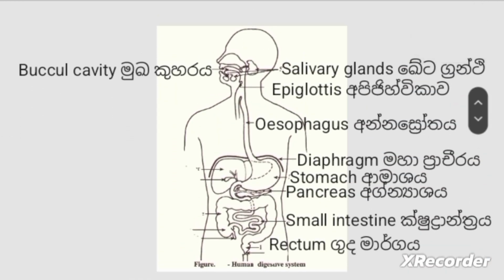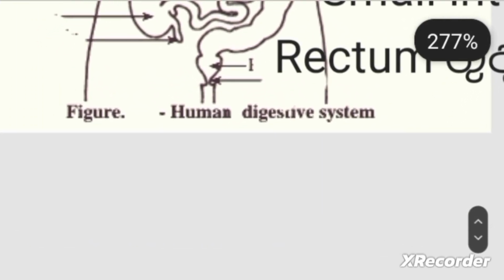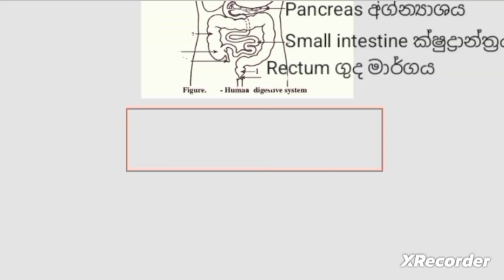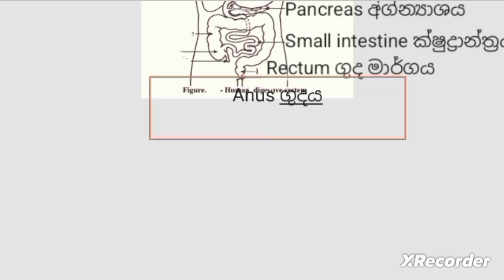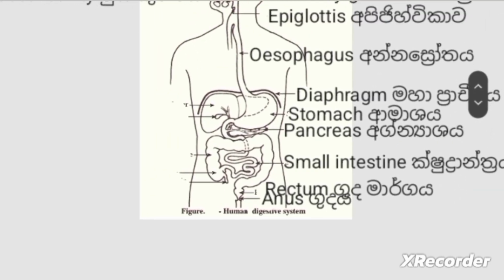Then we have labeled some parts of the digestive system. The next structure that we have to label is the anus. In Sinhala we call it Gudaya. So we can label this as anus.